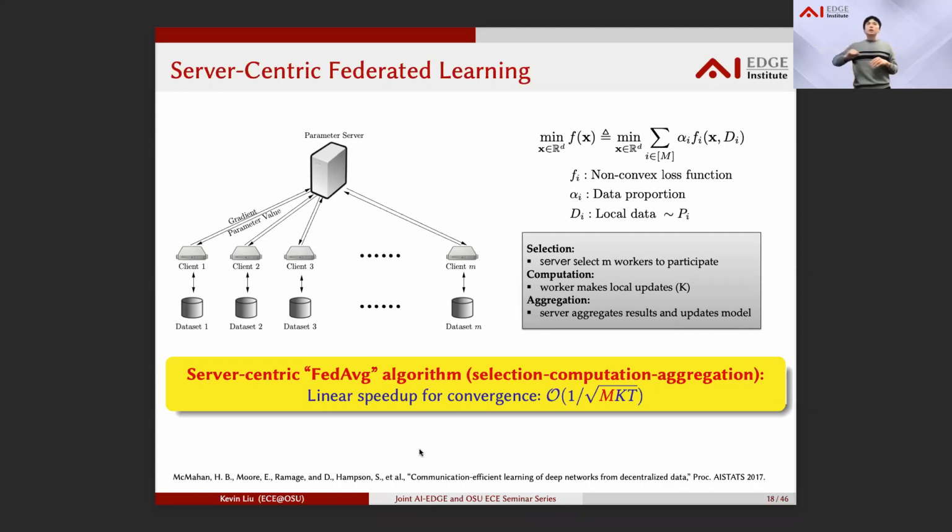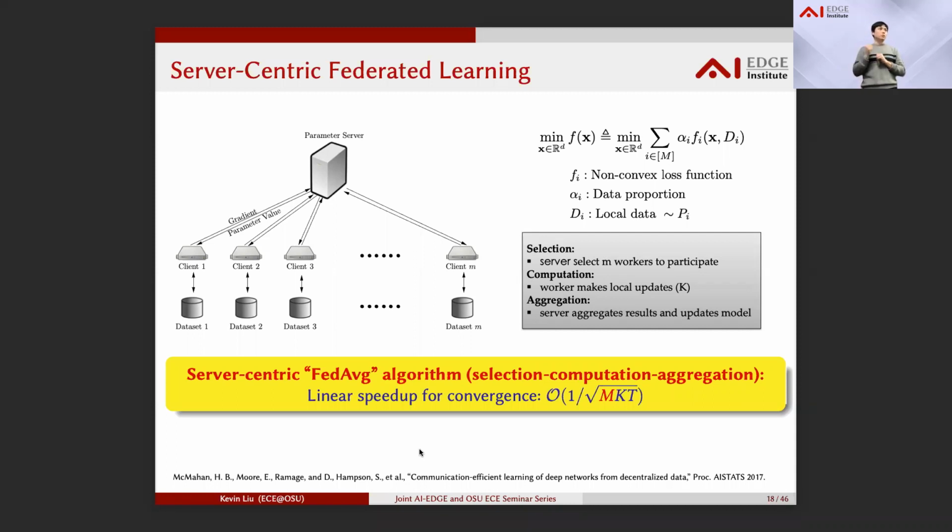What we mean by linear speedup is that, as you can see here, this capital M is the number of clients. As the number of clients increases, your training time will decrease inversely proportionally. In simple words, if you double the number of clients in your FL process, the training time should shrink by half.